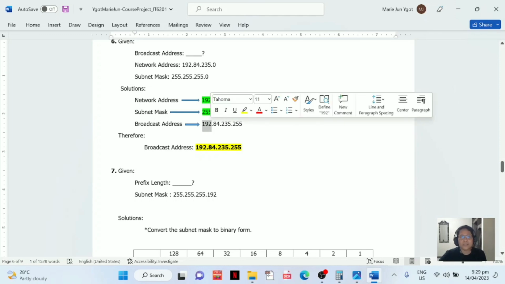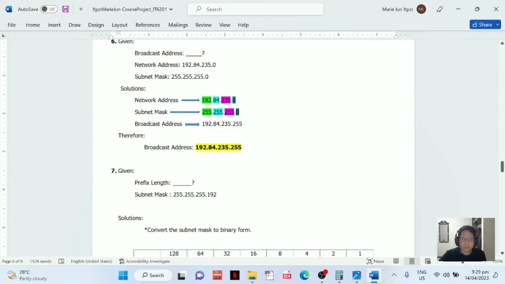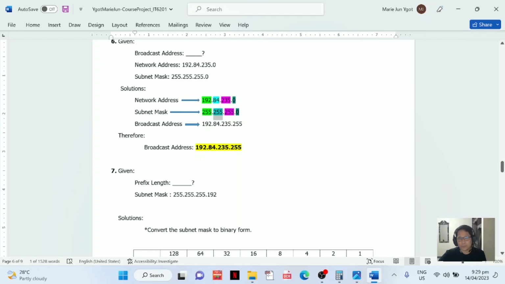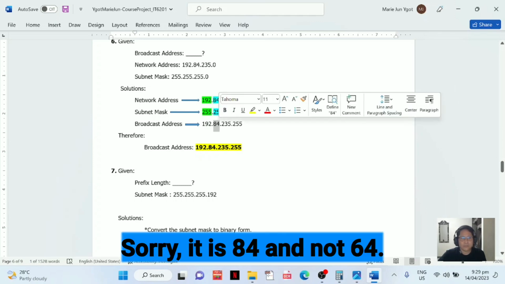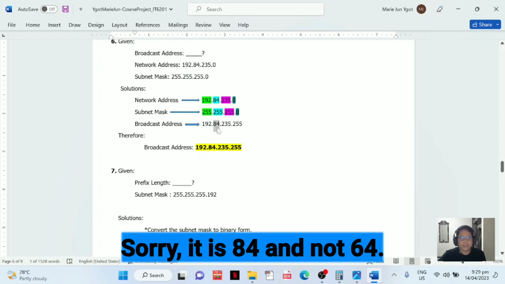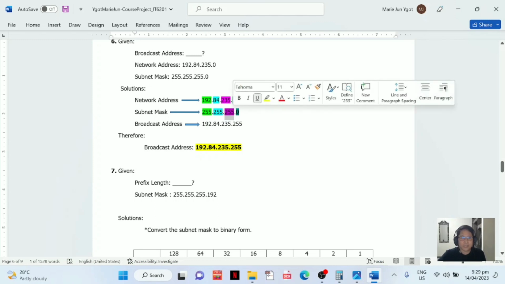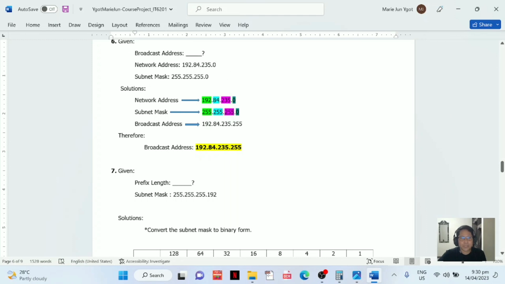That's why in our broadcast address here we write down the 192. So next, on the second octet, we have 255. So based on our rules, again we're going to copy the second octet of the network address, which is 84. So that's why we have an 84 here. See? So the third octet in the subnet mask is 255, so we are going to copy the 235.